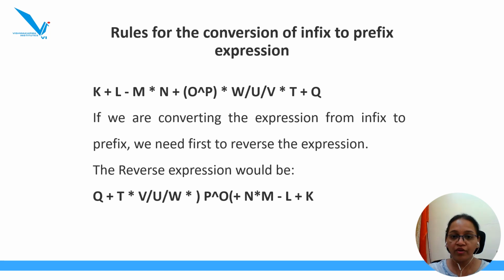So the reversed expression will be q plus t into v by u by w into, now closing bracket, p raised to o, opening bracket plus n into m minus l plus k. So we have reversed this expression, and now this reversed expression will be used for the further operations.